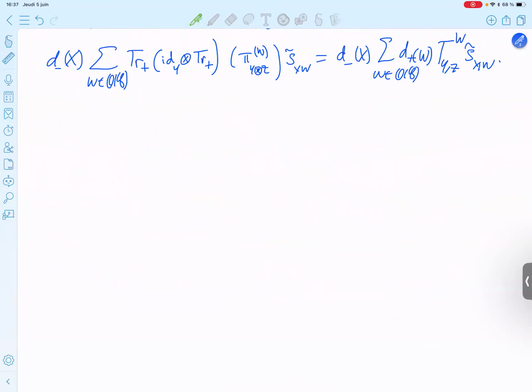So resolution of identity. The identity of Y tensor Z is the sum of the idempotent, of course. YZ. But this idempotent R can be written as a sum of minimal idempotent.